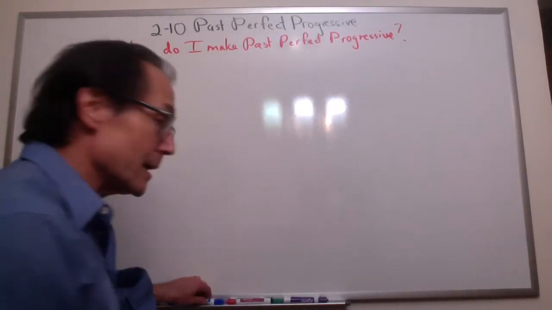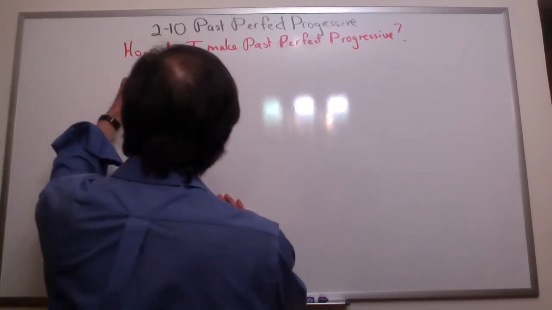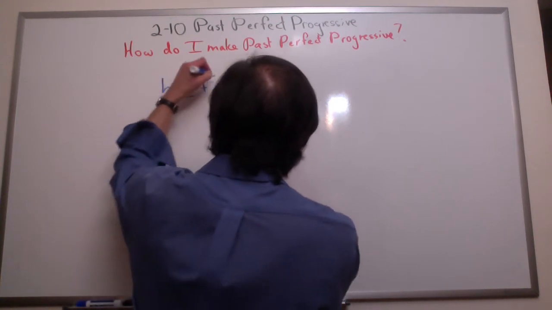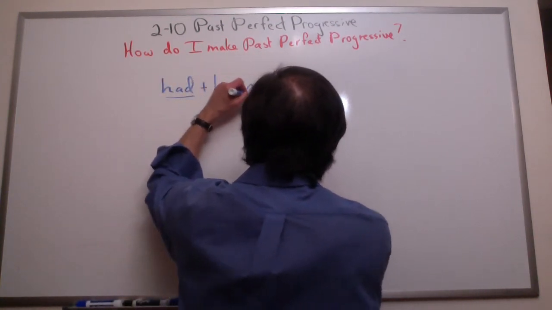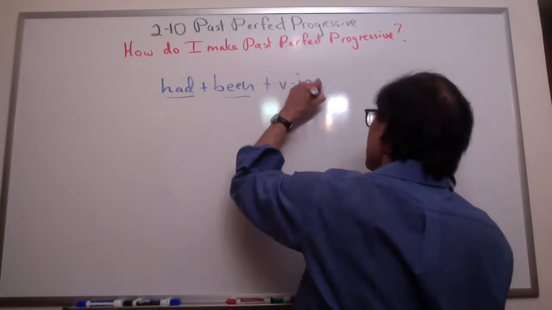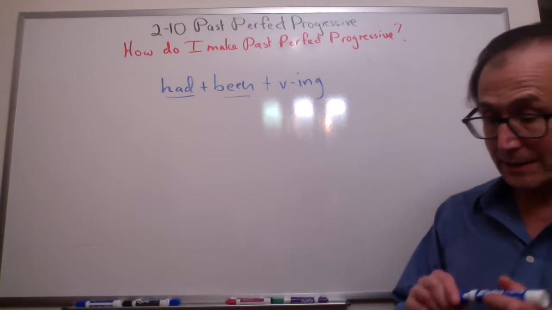So the way that I make past perfect progressive is like this. I use had plus been plus verb ing. So let's do an example sentence.